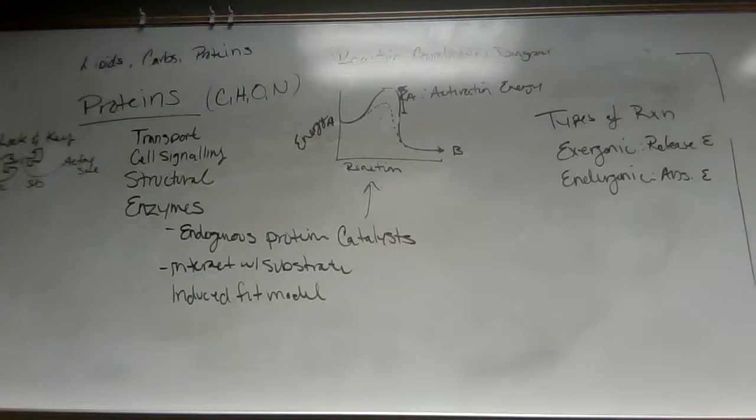Our revised model of how enzymes interact with their substrates is called an induced fit model. What that means is it's less stringent on how it is done. Induced fit.